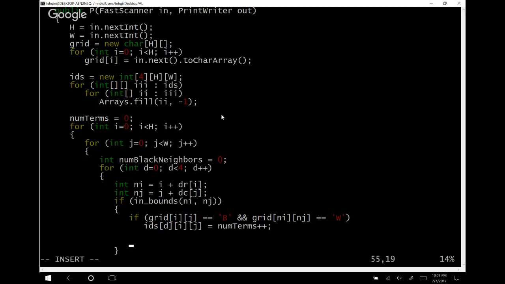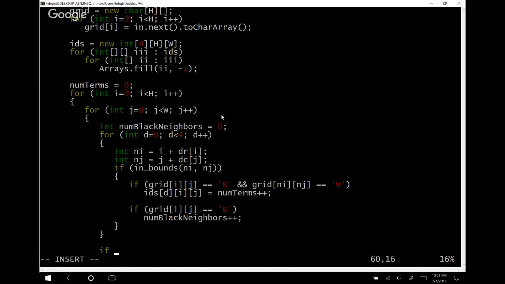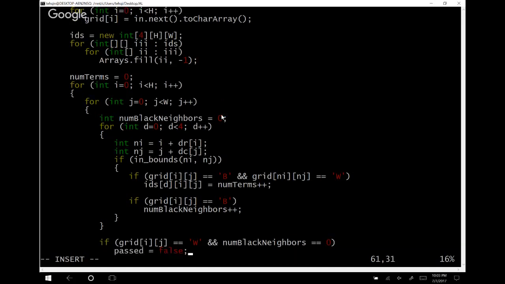So also what I'd like to try to do is, I'm just going to keep a Boolean.